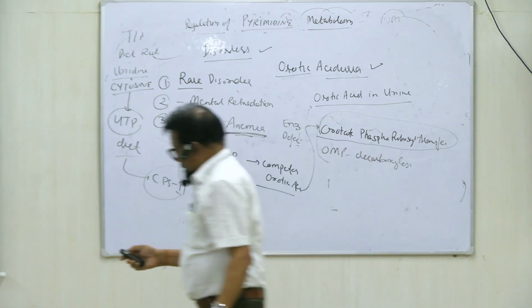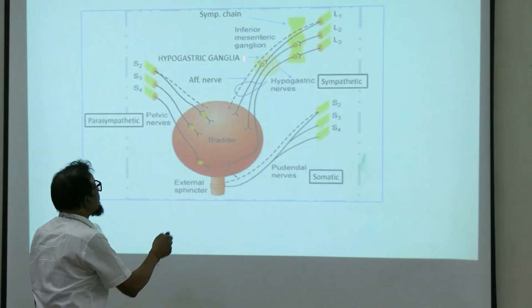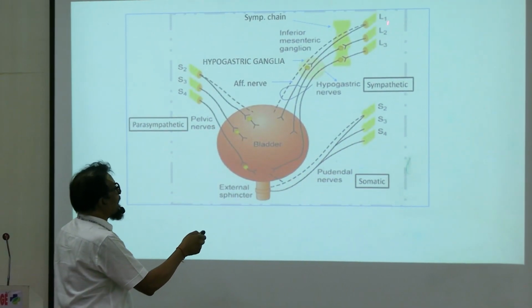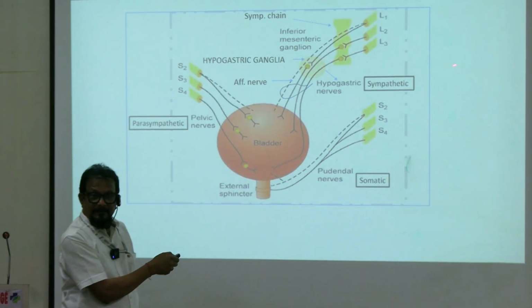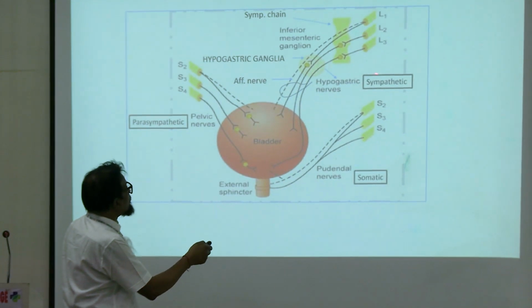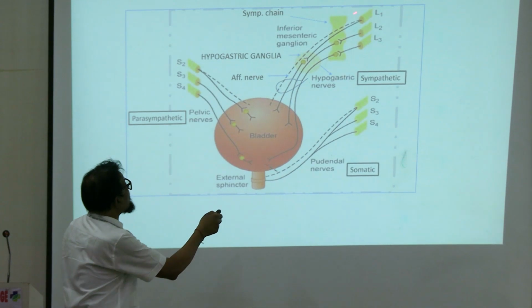Okay. So, see, this part is sympathetic nervous system. You can clearly see they are originating from L1, L2, L3, as I said, and the nerves are hypogastric nerve. So this is the hypogastric nerve, and this is the efferent nerve.